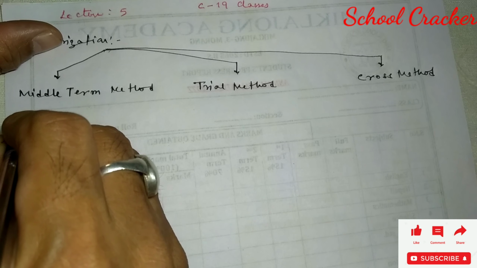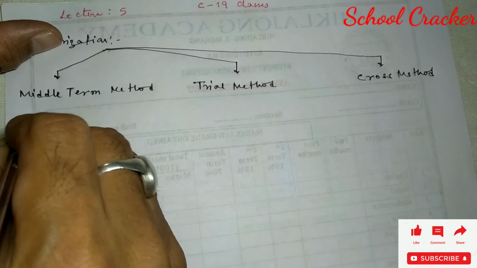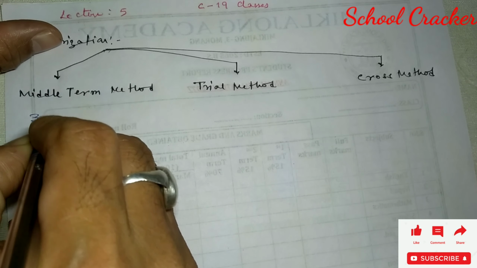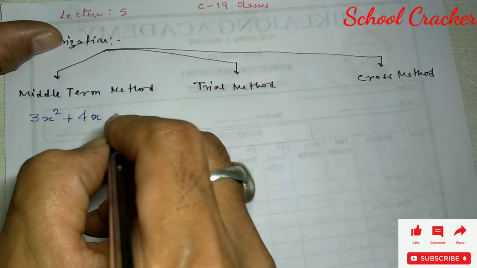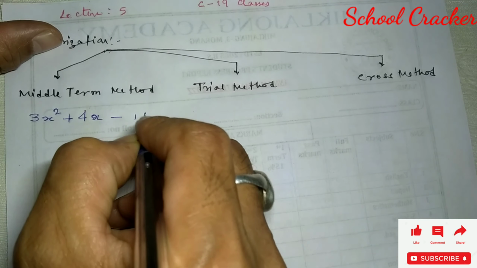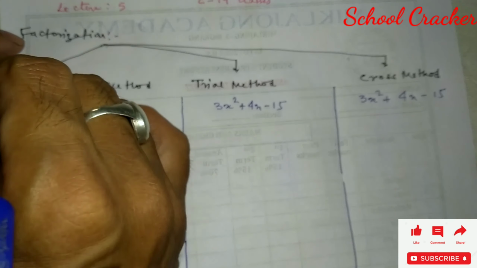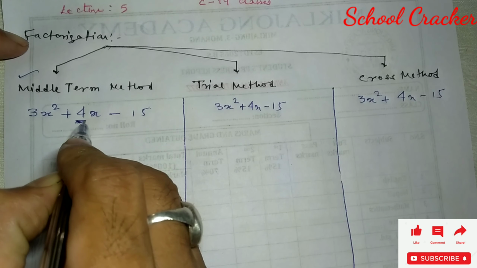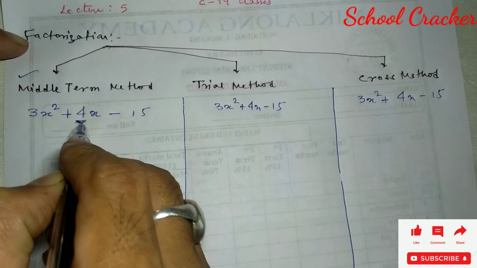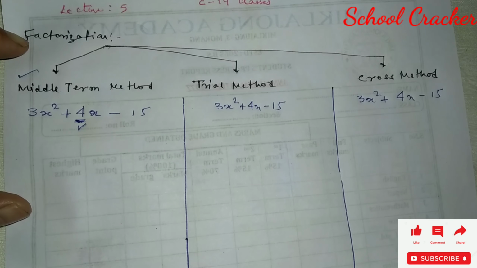Consider a common polynomial for all the ways, that is 3x² plus 4x minus 15. Middle term method. In this method, just consider the middle term, that is here in this case it's 4.